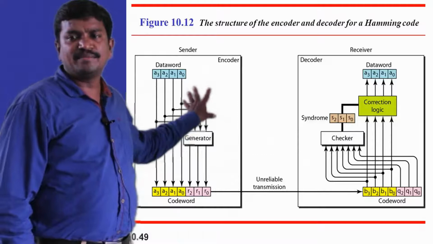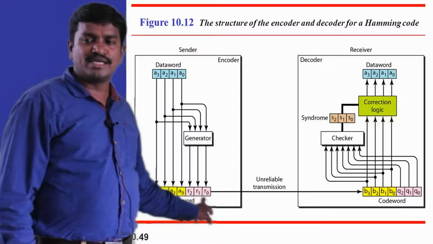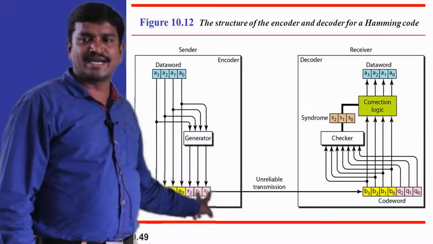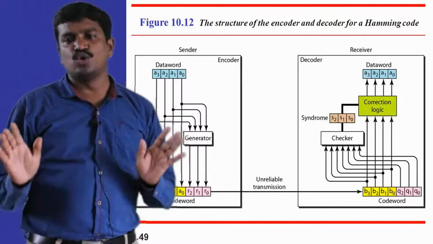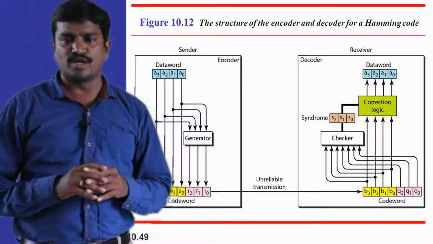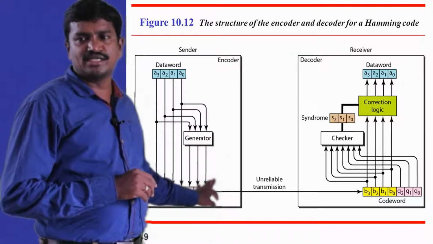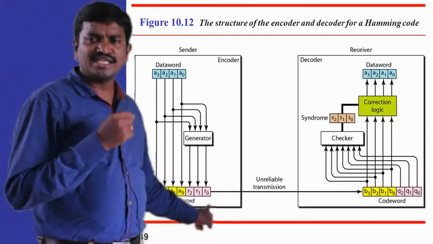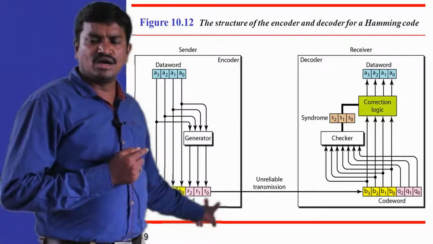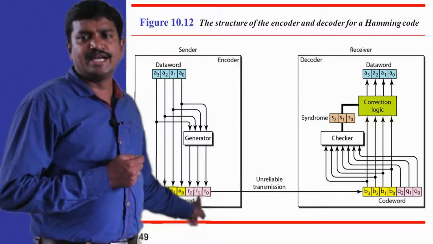We will see how these values R0, R1, R2 are calculated. As of now, we need to conclude how many redundant bits we need to add. That depends on the previous formula. And now the generator is going to have some equations in Hamming coding, and those equations will create values in the R0, R1 and R2 redundant bit fields.